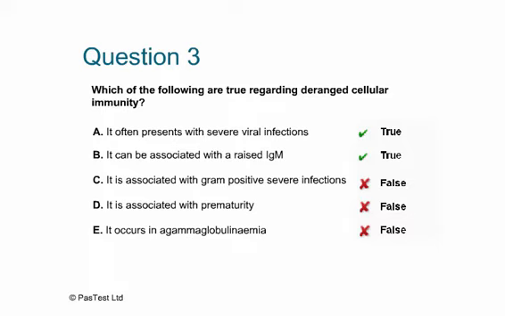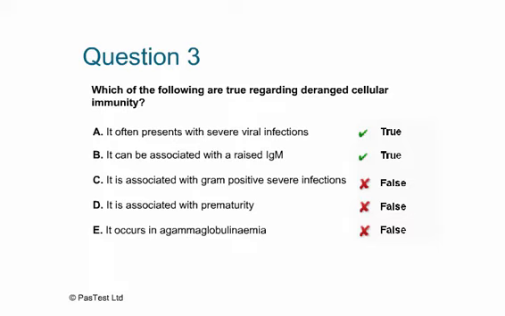Deranged cellular immunity is much more likely to run into problems with gram-negative organisms, with fungal infections, with viral infections, rather than gram-positive organisms. Then B is true, which is kind of quite tricky, maybe not what you would be expecting.